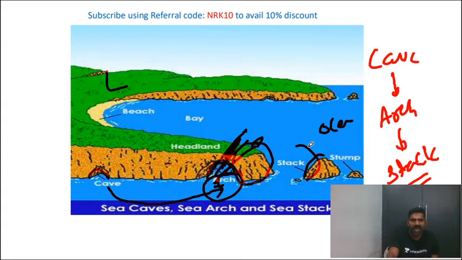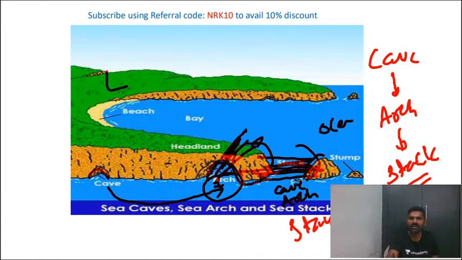Earlier both of them were together. First, when they were together, a cave formed. After the cave it became an arch. After becoming an arch it became something called a stack, a big one like this.